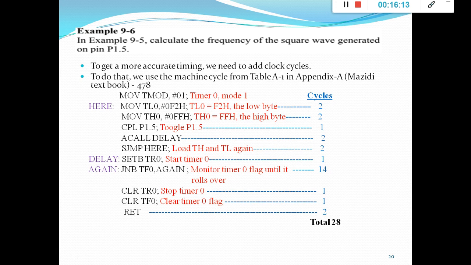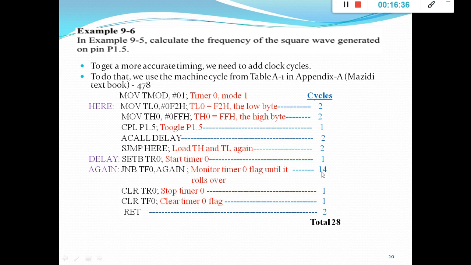Usually when you write only JNB TF0, again it consists of only 2 machine cycles. But here I wrote 14, because it will be in the same loop 14 times: FF minus F2 plus 1 means 14 times until TF becomes 1. So that's why the machine cycle is 14.